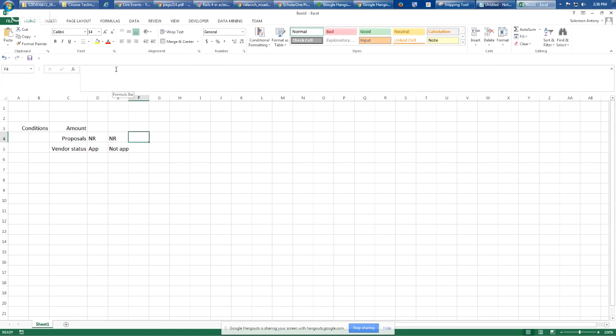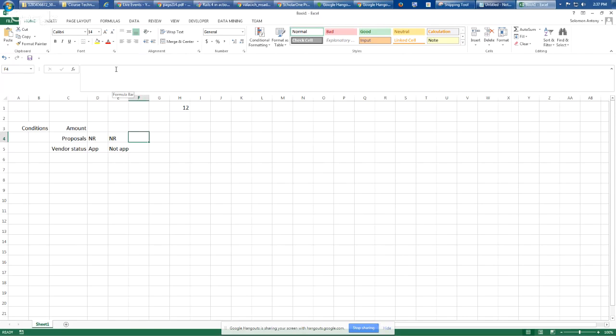Since there are three conditions, the first condition has possibly two values, proposal has three values, followed by vendor which has two values. So you have 12 possible combinations. I'm going to list out all 12 possible combinations and then see how to come up with a decision table.